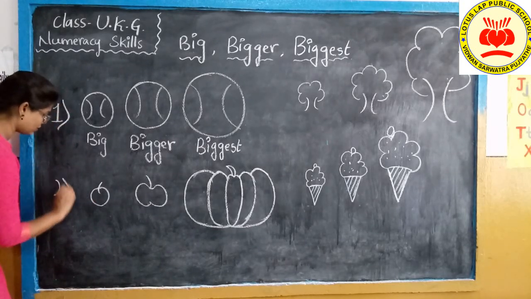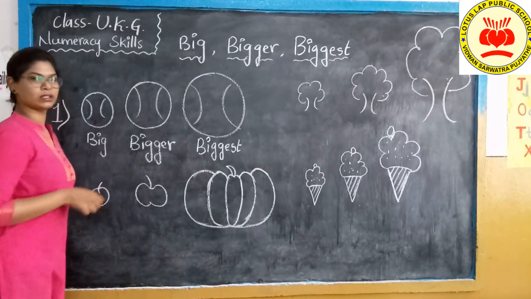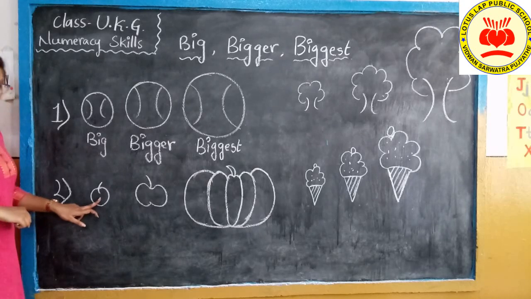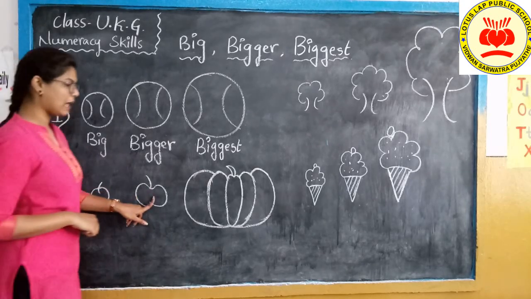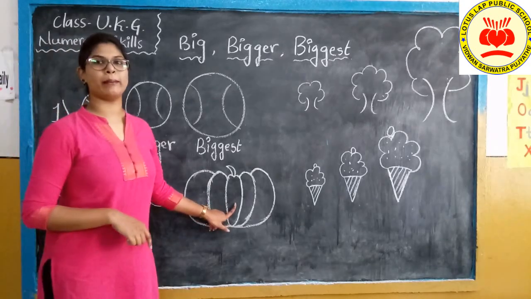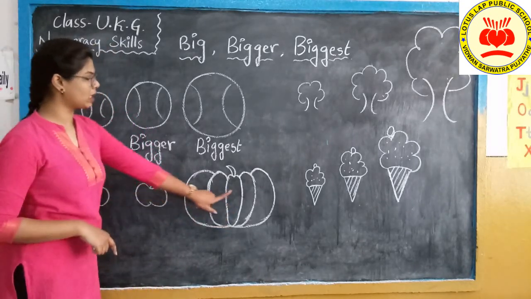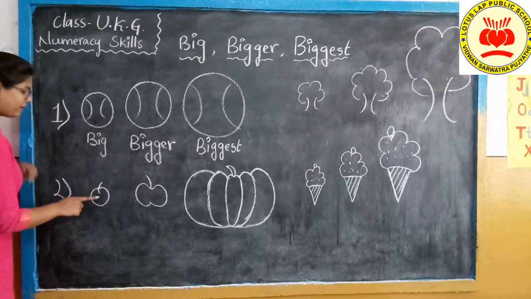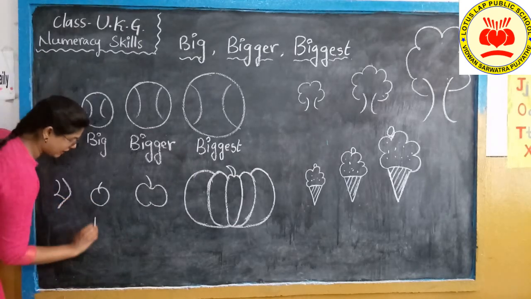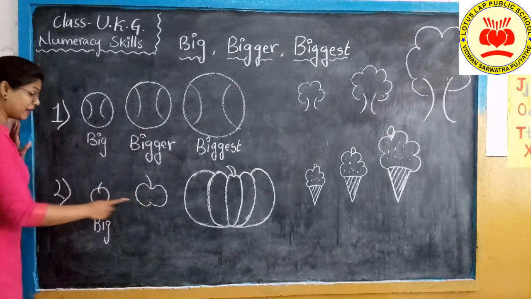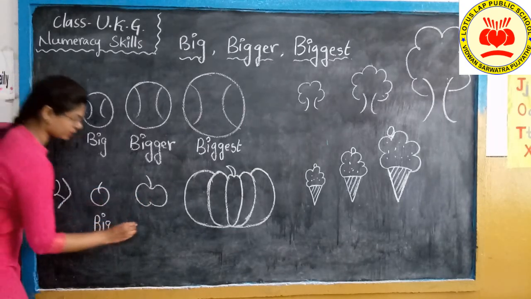Now let us go to the second example. Here you can see fruits and vegetable. Cherry, apple, pumpkin. If I consider the cherry is big, apple will be bigger than cherry.